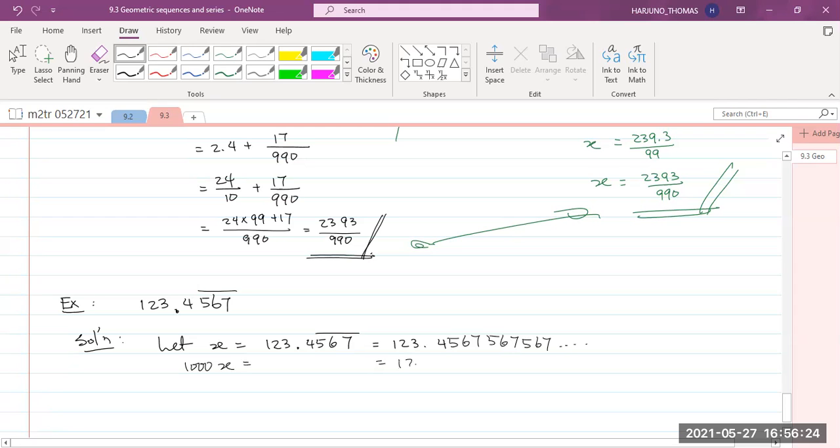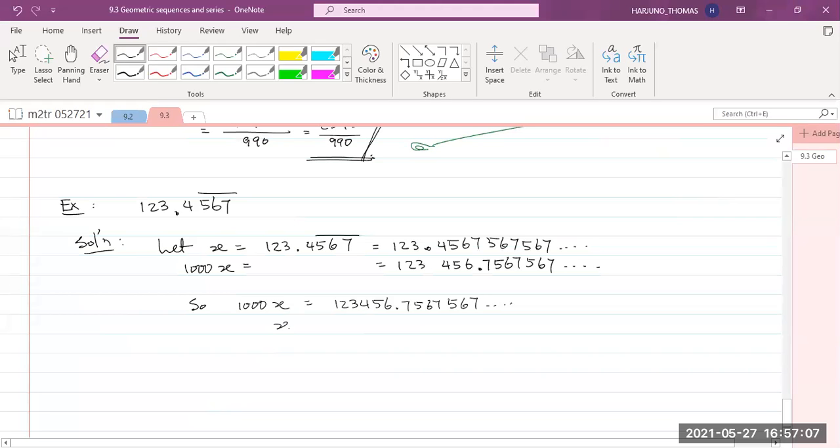So it becomes 123,456.7567567 and on. The point moved there now. Now line up the decimal point. 1000x equals 123,456.7567567 and on.